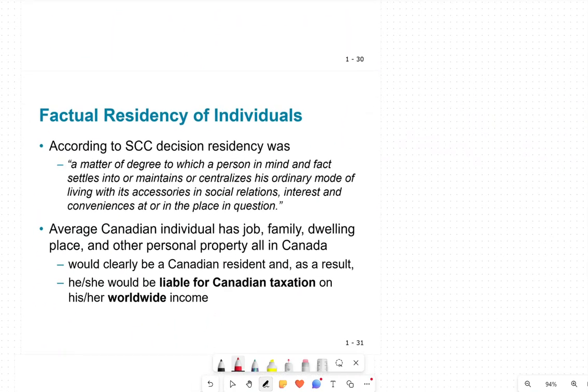Now when we say factual residency of an individual, this is the definition, so you can read it. The average Canadian individual who has a job, family, dwelling place, and other personal property all in Canada would clearly be a Canadian resident.